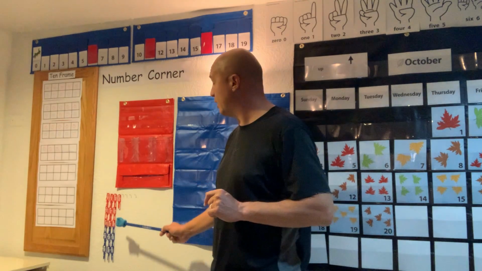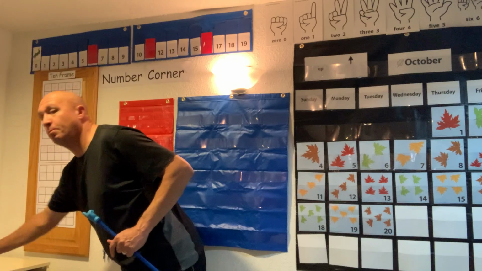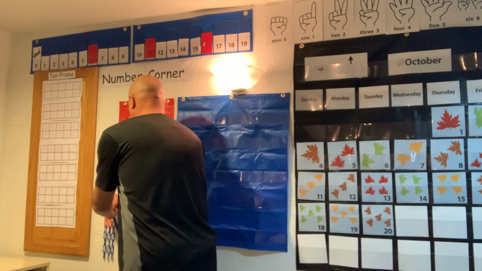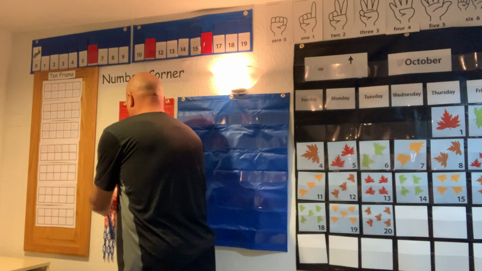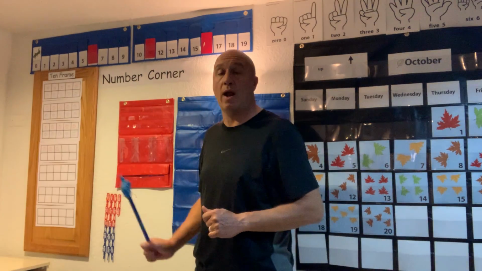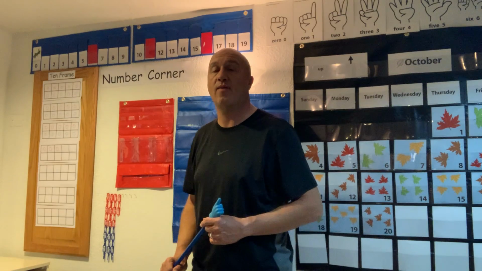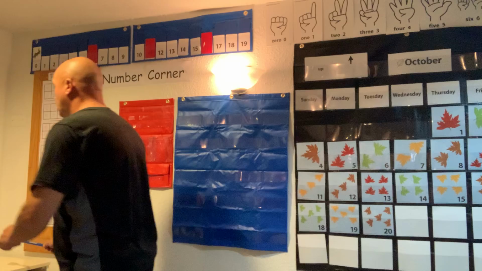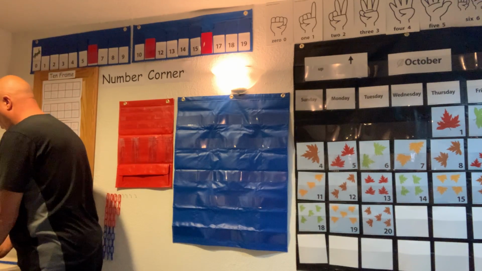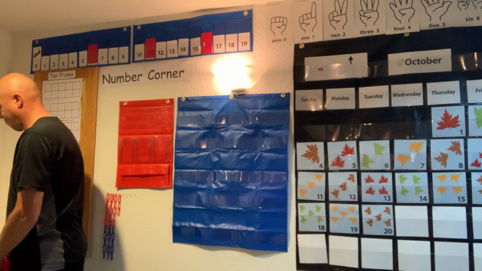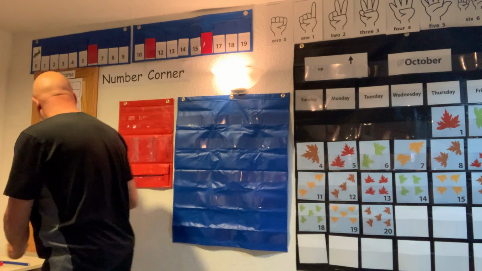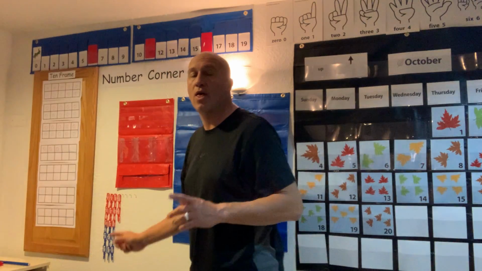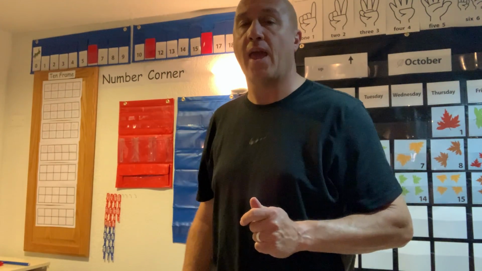Now I know we didn't do that yesterday, so we need to add 1 red link because yesterday we were at 33. Okay, so we have had 33 days of school, but we need to add 1 for today. So let's get a red link for today and put it on. Now can you think about, I had 33.